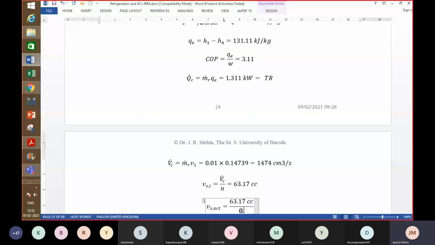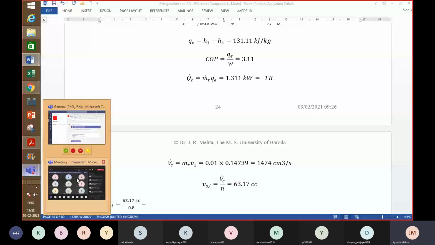So in actual, you should provide 78.96 centimeter cube so that you are able to get 63.17 out of that.